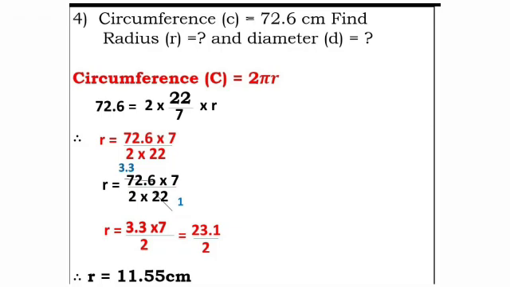So r is equal to 72.6 into 7 upon 2 into 22. So after cancellation, you will get r is equal to 3.3 into 7 upon 2. So when you multiply 3.3 into 7, you will get 23.1 upon 2. Now when you divide 23.1 by 2, you will get radius as 11.55 centimeter.